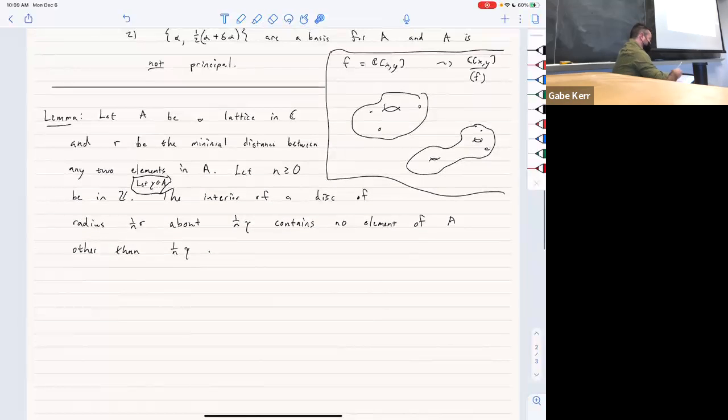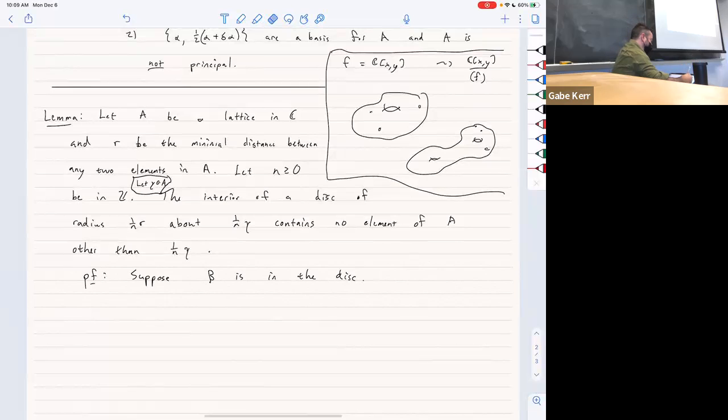The proof of this is really just very easy. It says, okay, well, suppose otherwise, suppose there is a beta. Well, what does it mean to be in the disk?